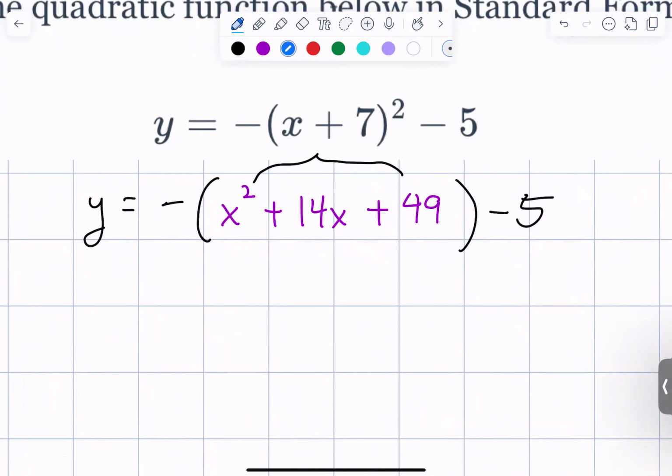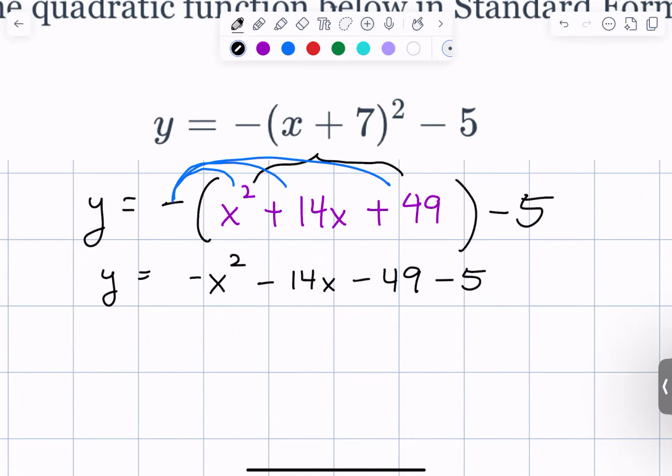And then here, I am going to distribute out the negative to all 3 things. So that's negative x squared minus 14x, minus 49 minus 5 equals y.